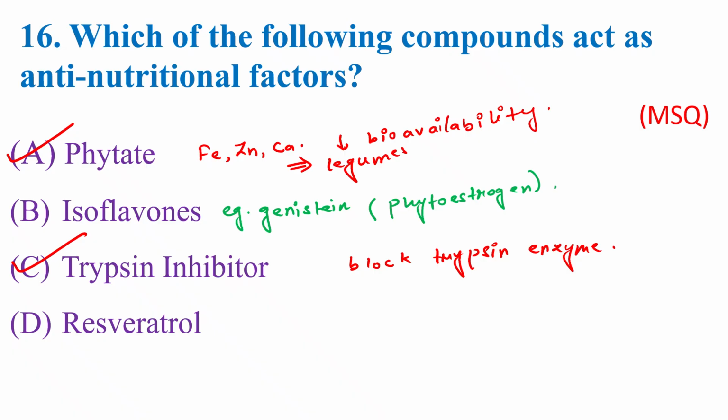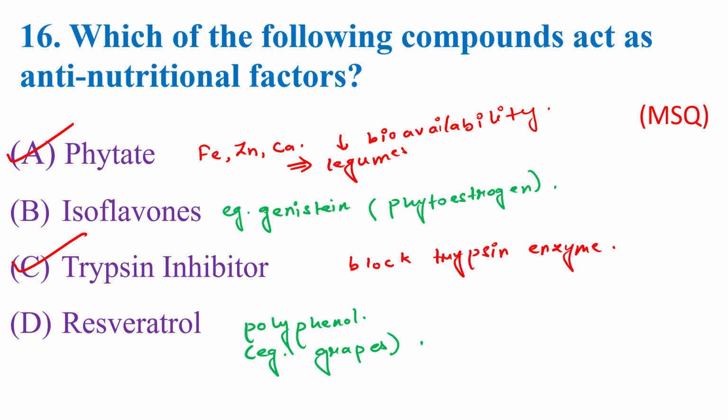And next, that is resveratrol. So it is a polyphenol. Basically, it is found in grapes, and it has antioxidant and anti-inflammatory effects, and it has no negative impacts on our nutrient absorption. So over here my correct options are option number A and option number C.